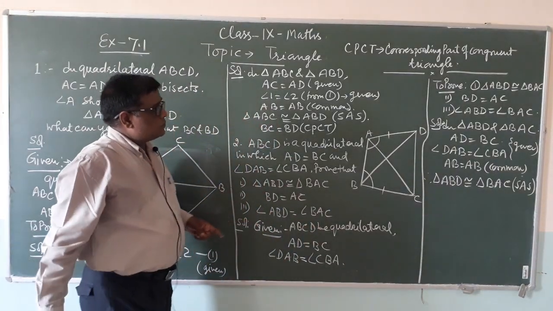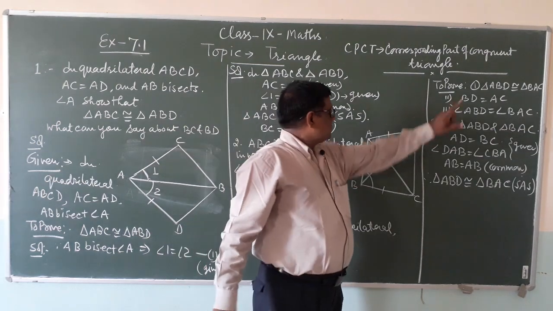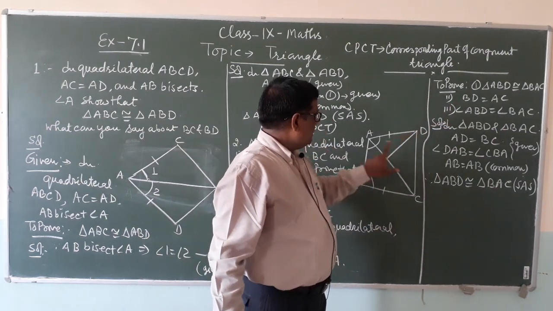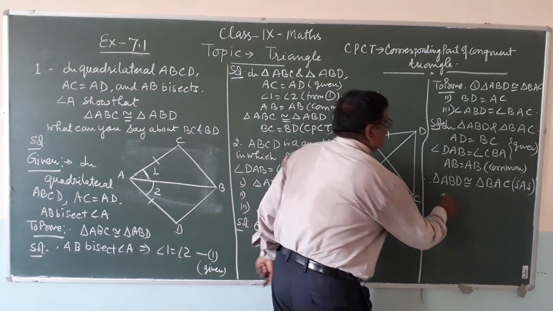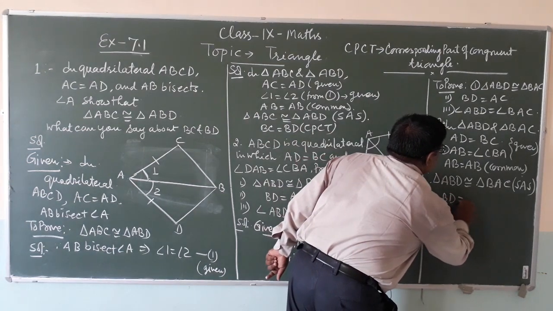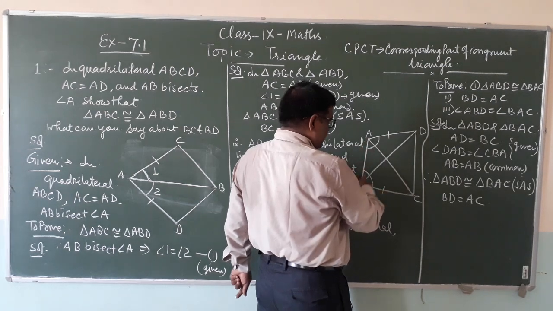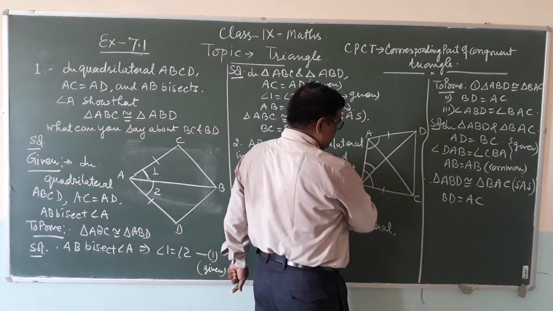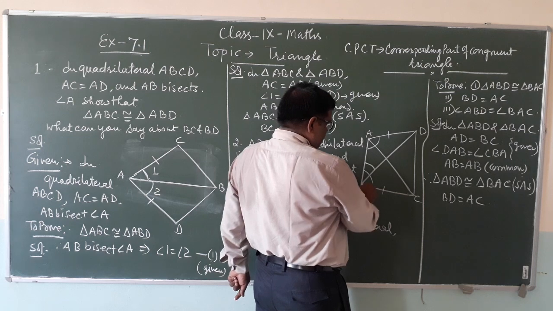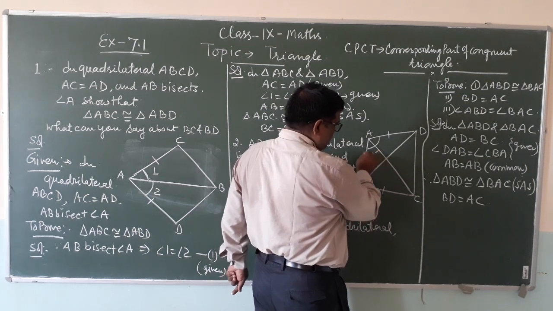And what is our proof? So BD is equal to AC, this is BD and this is AC. And angle ABD, it means this angle, and angle BAC, it means this.